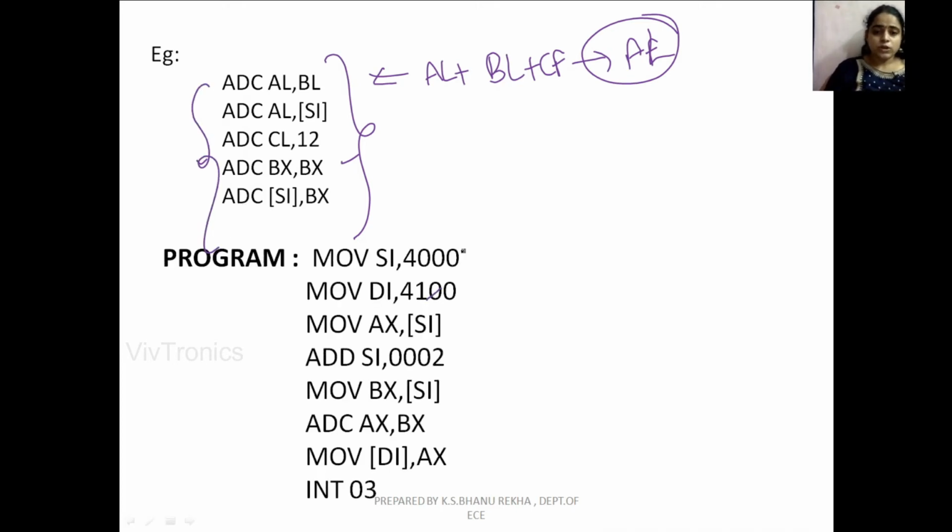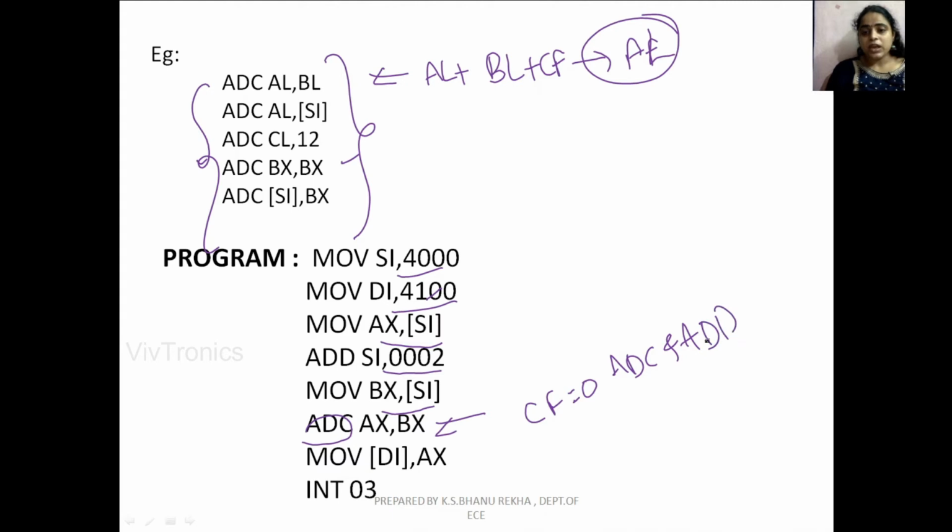The same program: add SI comma 4000, move DI comma 4100, move AX comma content of SI, add SI comma 0002, move BX comma content of SI, ADC AX comma BX. If the carry flag status is 0, then ADC and ADD are the same. Okay, if the carry flag status is 1, you can set our carry flag also, that comes under another instruction set of 8086.